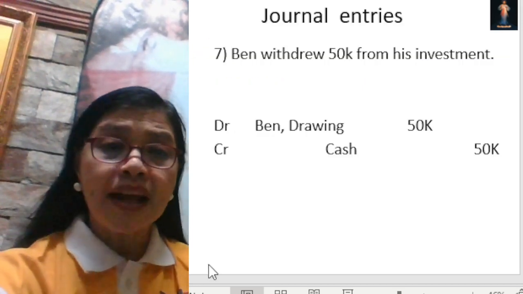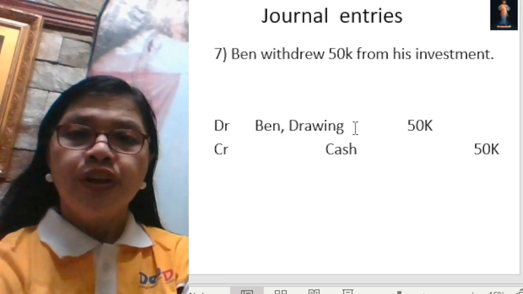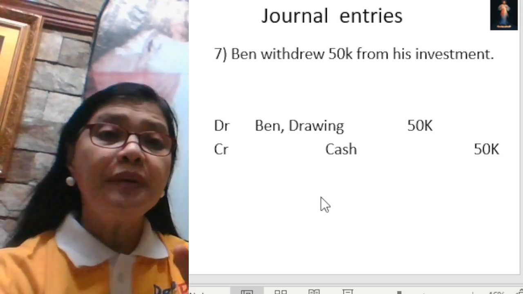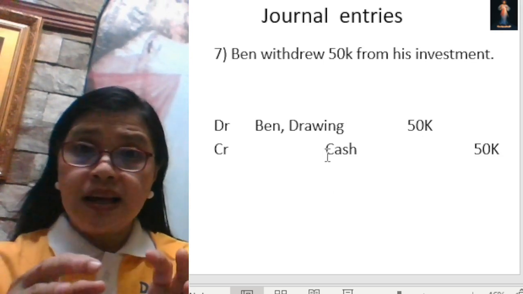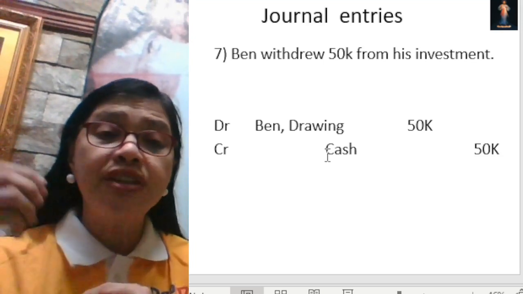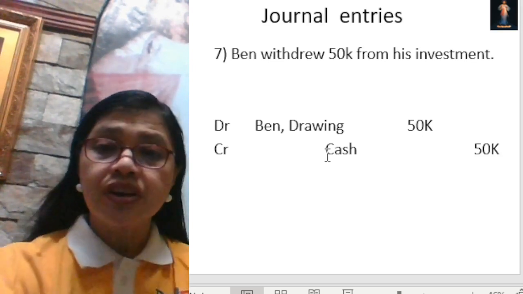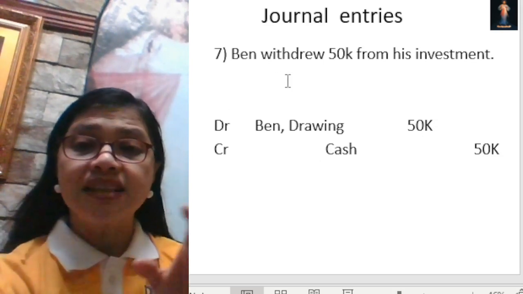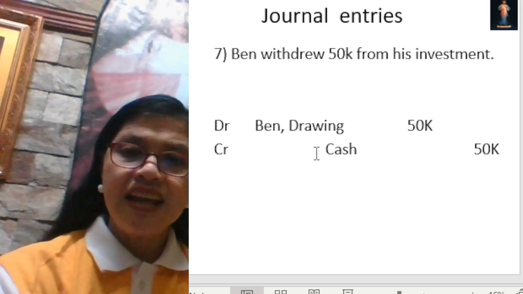So when you write the journal entries, drawing has a normal debit balance of 50,000, and because the drawing will affect your cash, because the withdrawal of Ben is through cash, you need to disburse cash from XYZ. So cash has been reduced by 50,000, which is an asset account. And to reduce an asset account, you do the opposite. You credit it. Okay. Next.